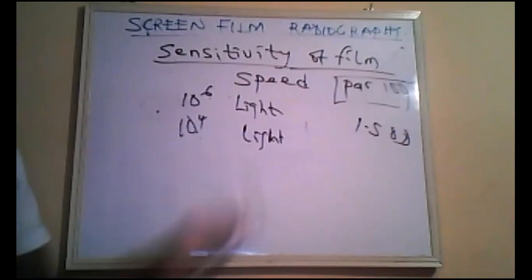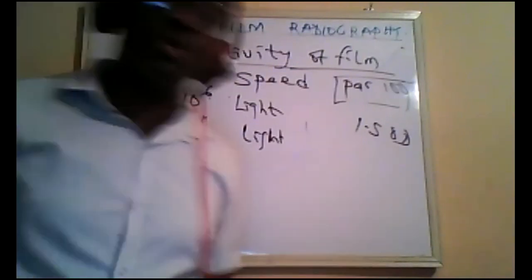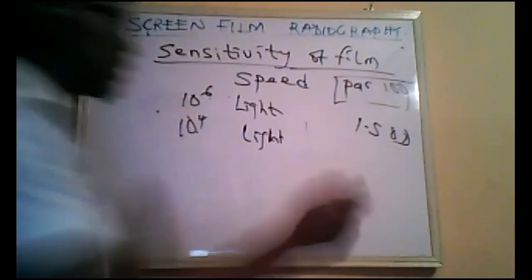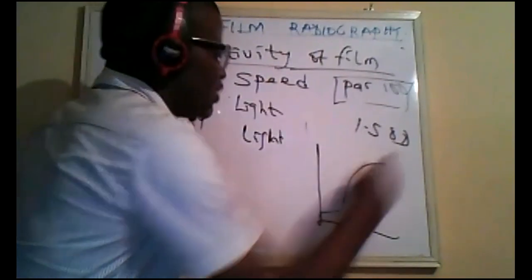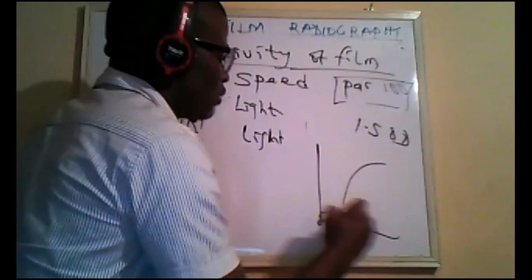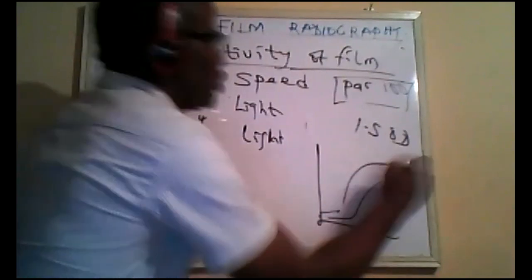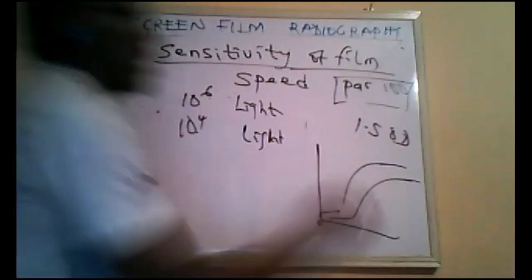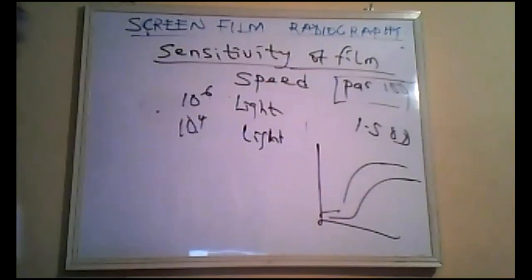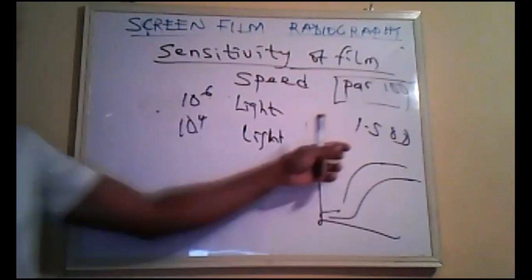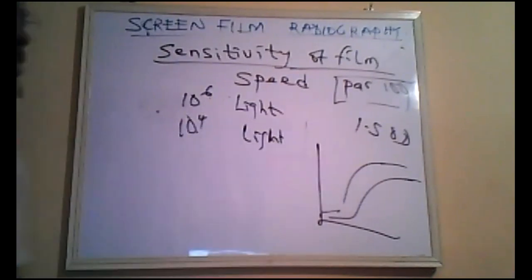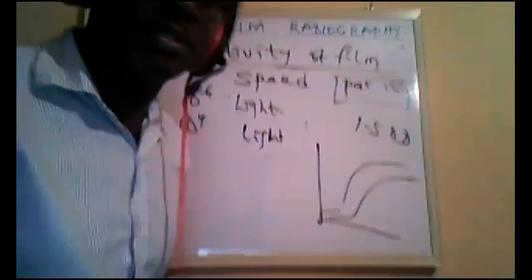We can also represent that on the OD curve, and that representation is in the form of a shift of the OD curve, to the left or right. The shift of that OD curve signifies the change in speed of a particular film.